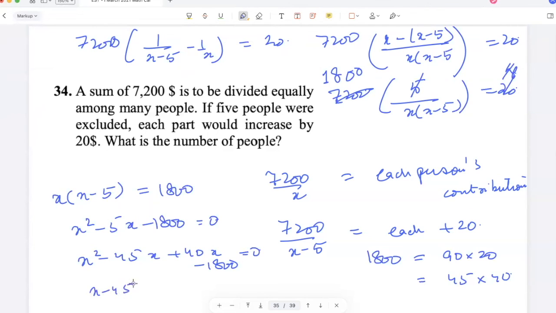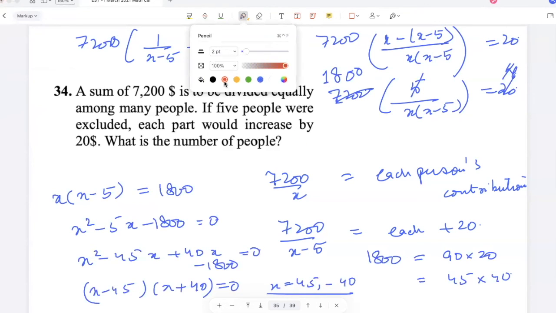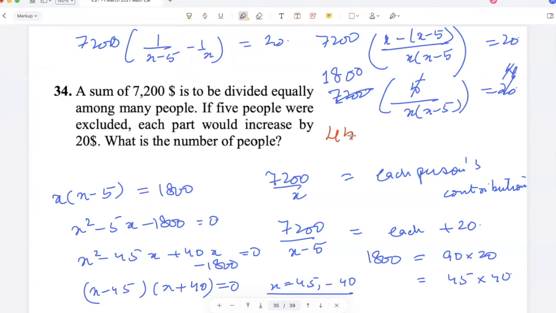So X minus 45 into X plus 40 is 0. So X can be 45 or negative 40. The number of people that we took initially was X, so obviously it has to be 45, positive. So the answer is 45. Let me write it in a different color so that when I grade this, I can find it. 45 is my answer.